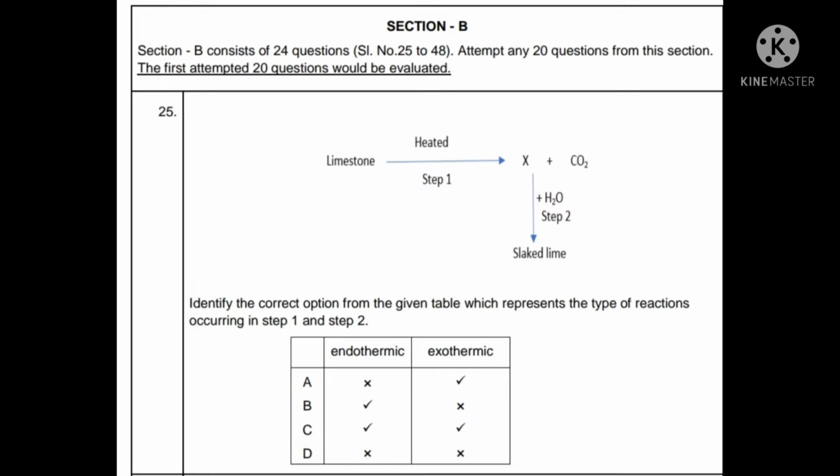Here the correct option is option C, that is step 1 is endothermic and step 2 is exothermic. Here in the first step, limestone is heated and produces calcium oxide and carbon dioxide. X is calcium oxide and this calcium oxide on reaction with water gives liquid lime, and this reaction is exothermic and the first one is endothermic.